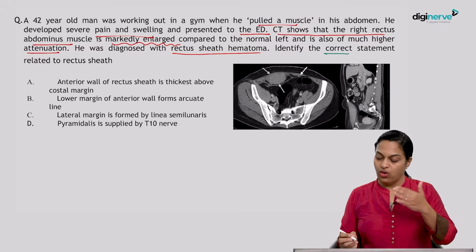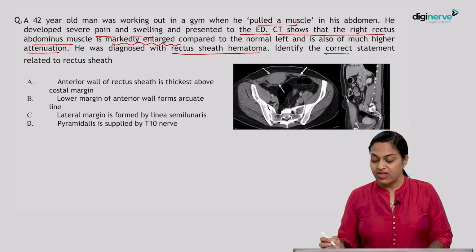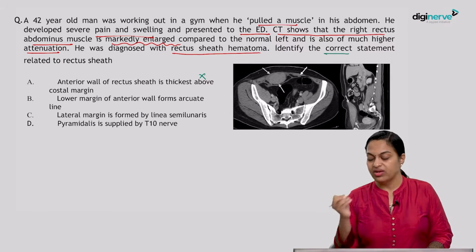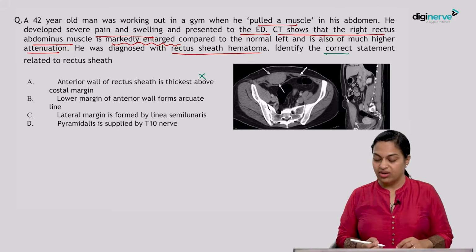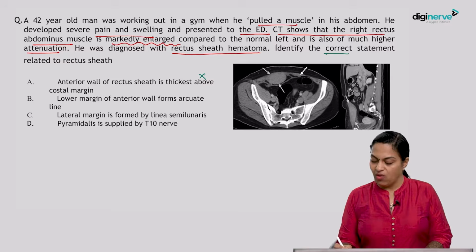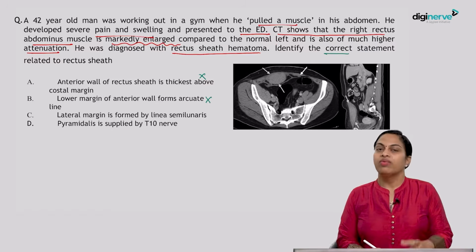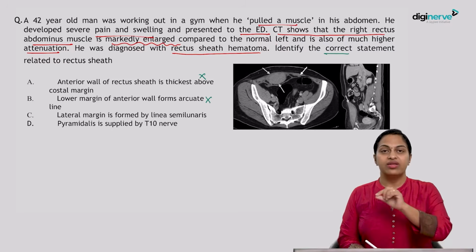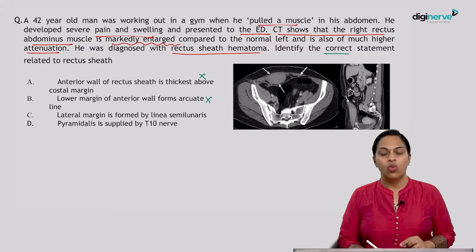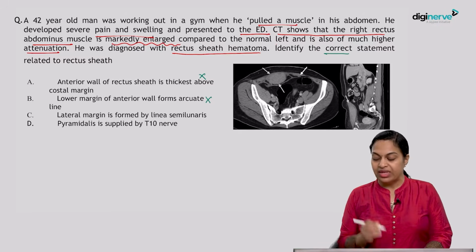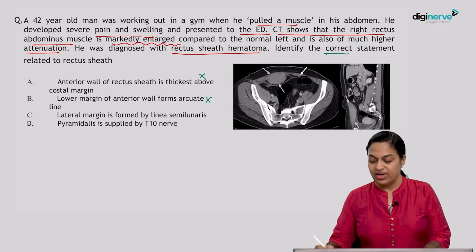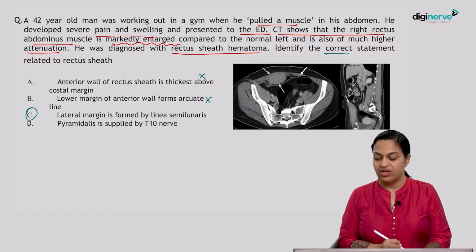The anterior wall of the rectus sheath is thickest in the lower segment, not in the upper part. The lower margin of the anterior wall forms the arcuate line? No. Where is the arcuate line present? It is the lower limit of the posterior wall of the rectus sheath, isn't it? The lateral margin is formed by the linea semilunaris, which is a correct statement.